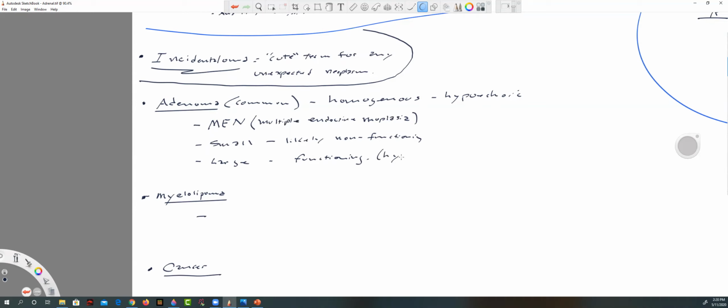So having Conn's syndrome, with an adenoma that puts out a hyper amount of aldosterone, is probably a large-ish tumor, an adenoma causing that to occur.